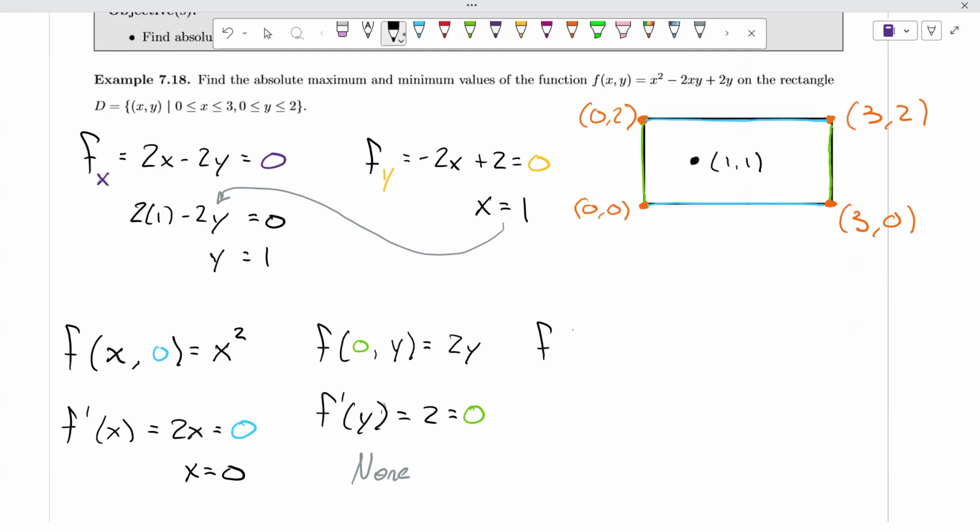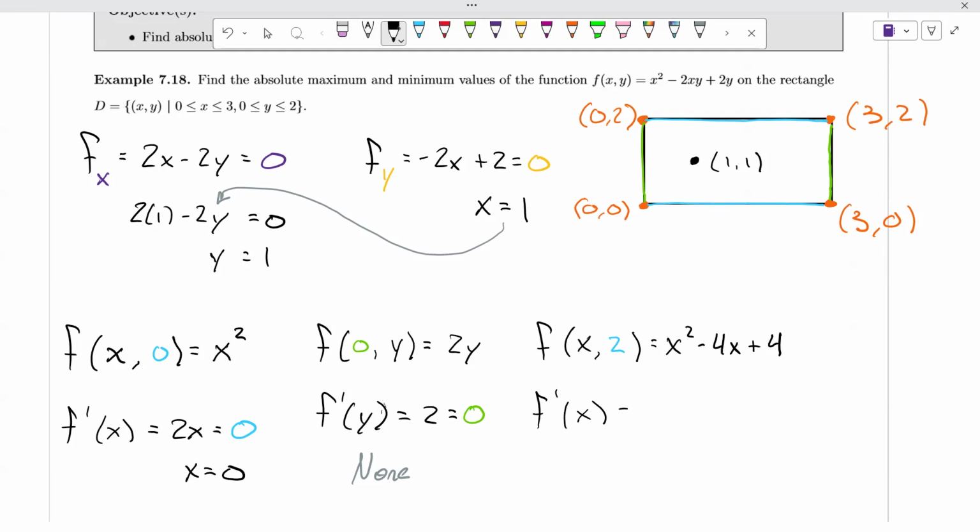My next spot, how about f of x, 2? So I'll look across that top horizontal line where y is 2. And I'll get the equation x squared plus, that looks like 4x, except it's not plus 4x, it's minus 4x. Minus 4x, there we go. And then plus 4, if I go with those terms in order. And then I can take another derivative here.